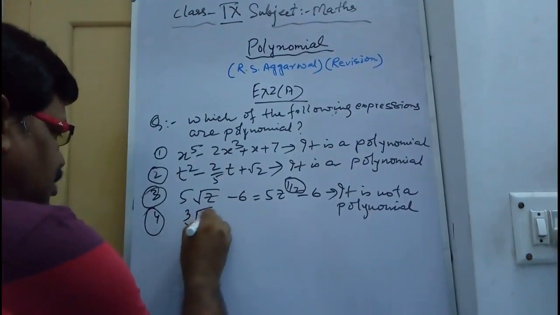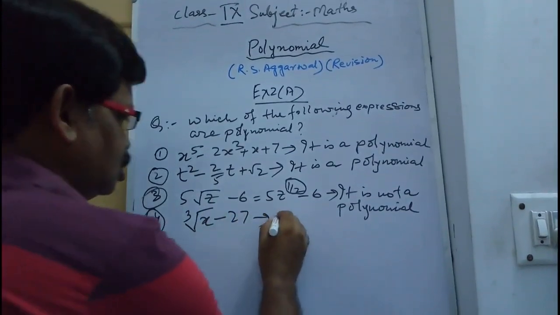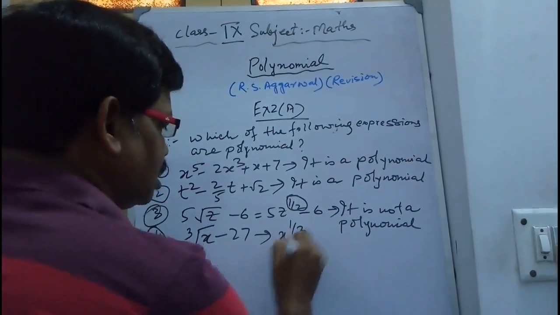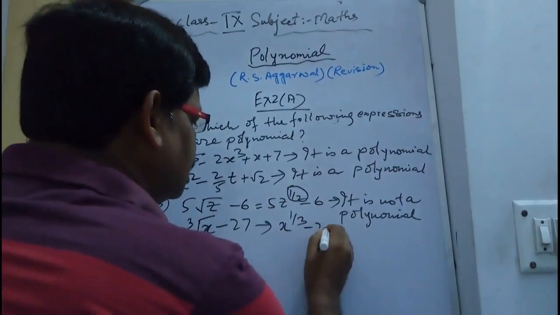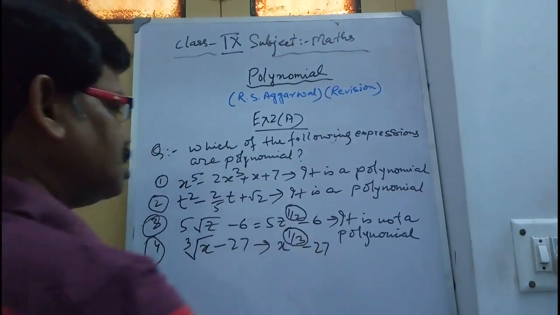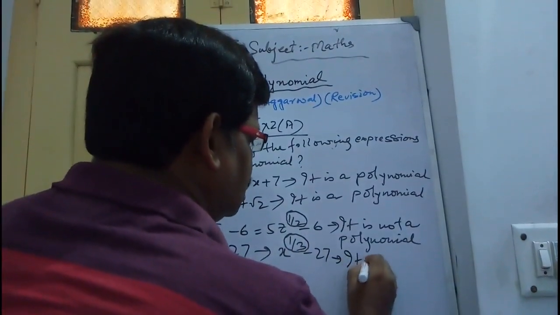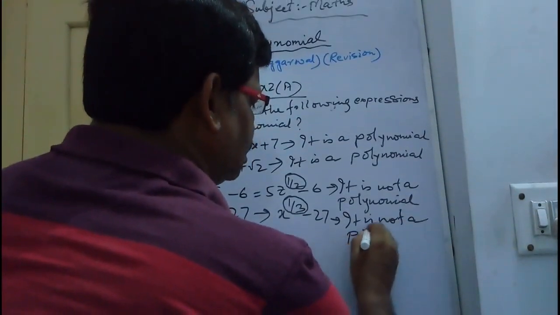Next, 3 root over x minus 27. 3 root over x is x to the power 1 by 3, minus 27. So here also rational power, so it is not a polynomial.